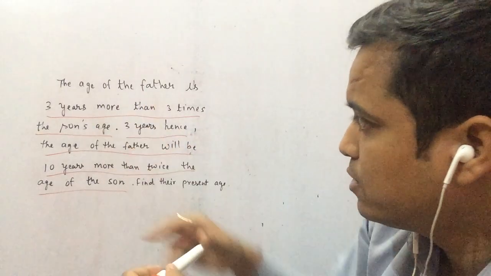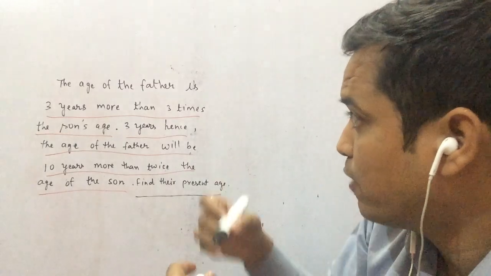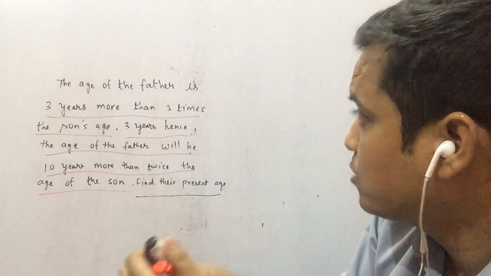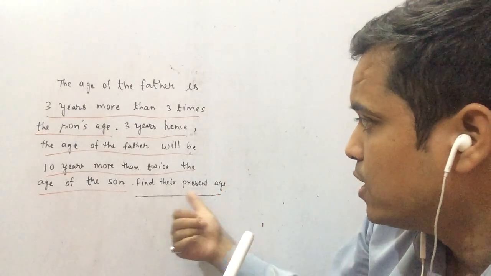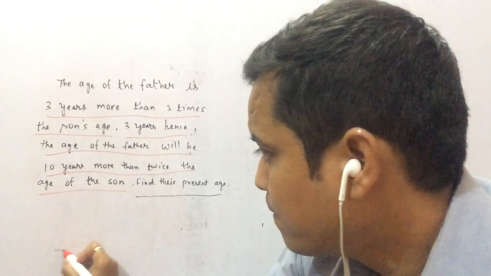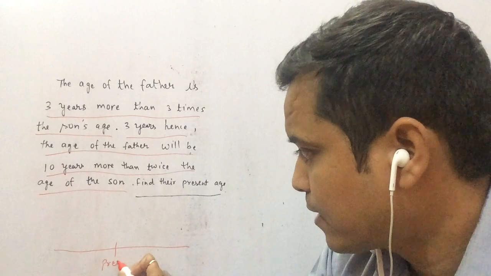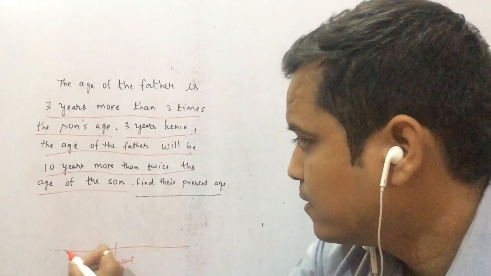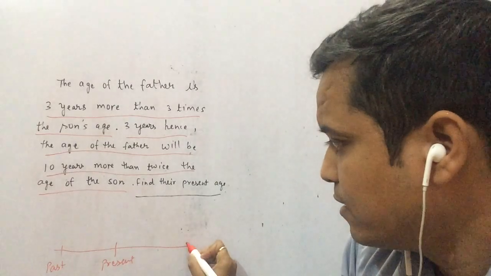Okay, so here since you need to find the present age of the father and his son, it is a number. So suppose the present age of his father is x, make a timeline. Here it is the present, you'll write present, this one is past, and this one is future.